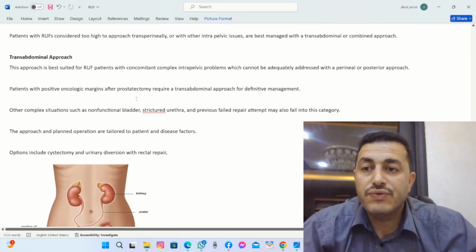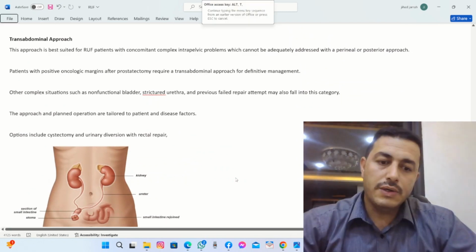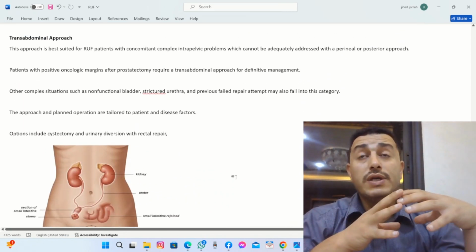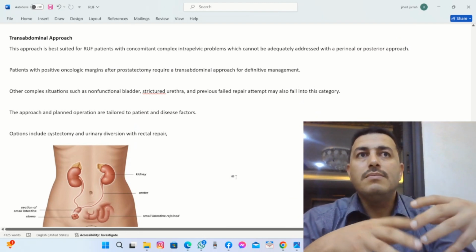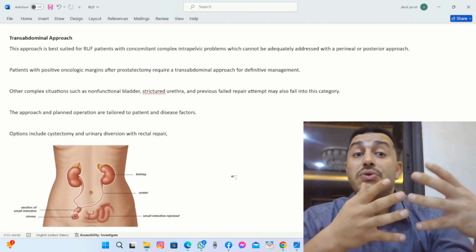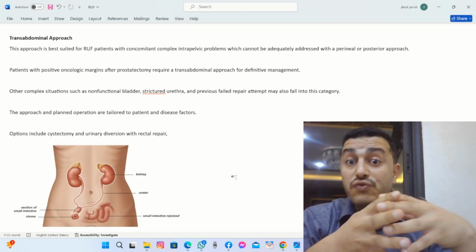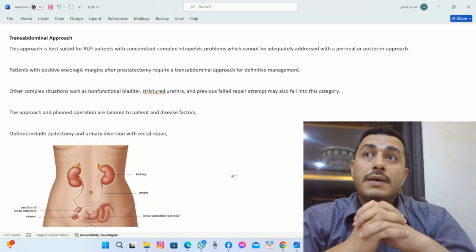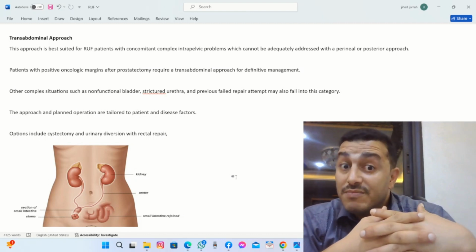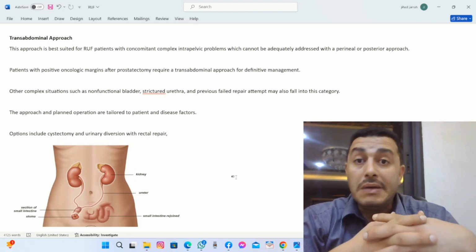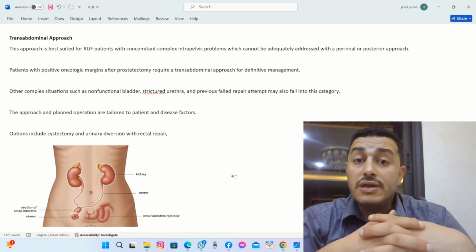We move to the transabdominal approach. Here we are talking about a more radical, more aggressive approach, when the previous transperineal and posterior approaches failed to address the complex fistula, when we have positive margin, and this will require prostatectomy, cystectomy, and permanent urinary diversion.